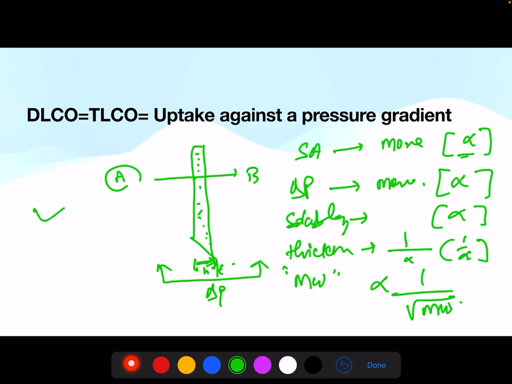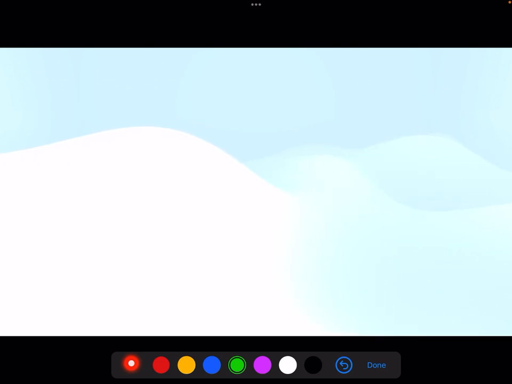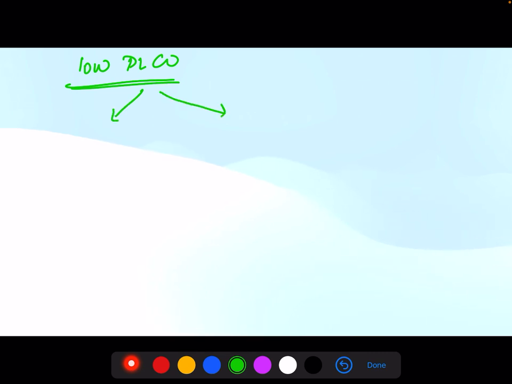About the concept, now let us discuss the clinically important parameters which are helpful, the conditions in which we get low DLCO. Basically two factors affect the value. First is perfusion.